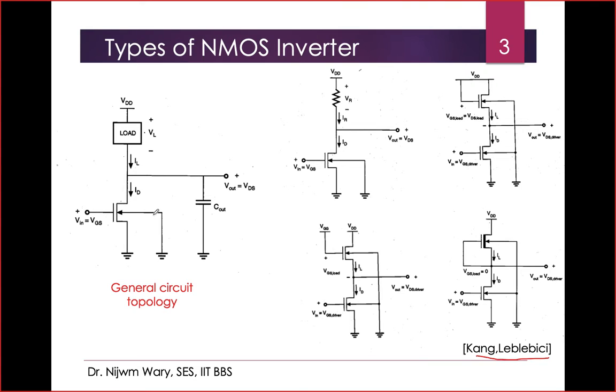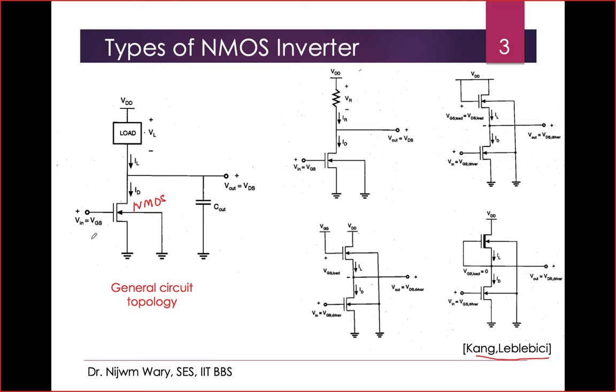Anyways, I'll have my NMOS here, which is the main driver, and the load can be different. People have designed different kinds of loads. And the input will be applied to the gate of this NMOS.